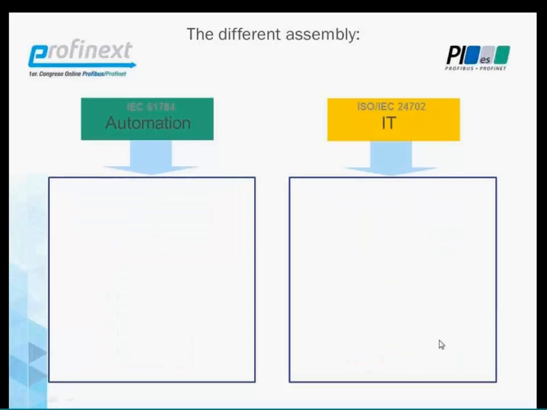And when you look at the assembly, of course, when you have this pre-cabling, you need a connector for this pre-cabling, and this is the connector in the permanent link. This connector in the permanent link is the jack side of the RJ45, and so you need a pre-cabling jack.